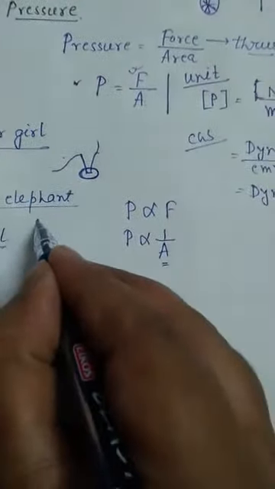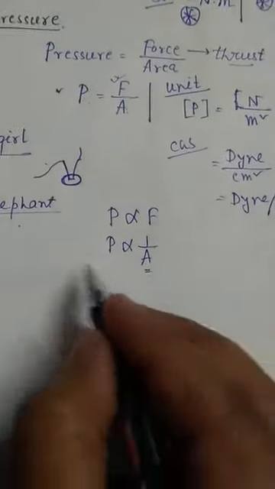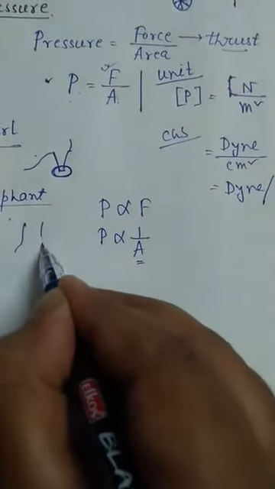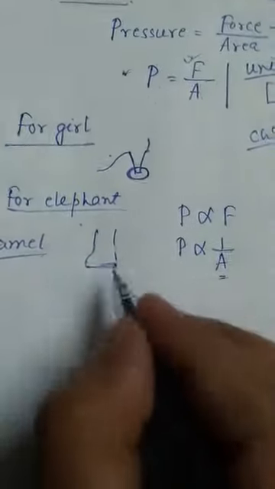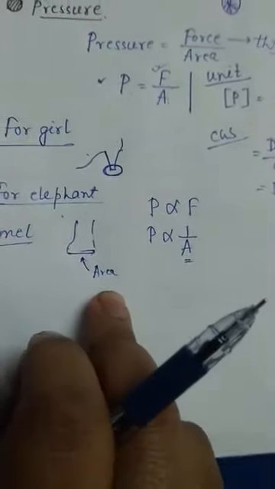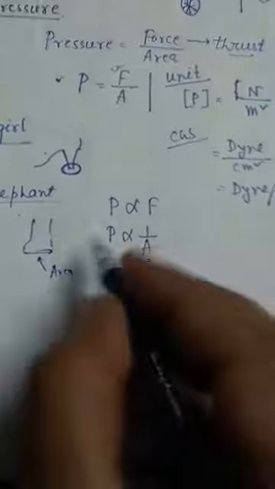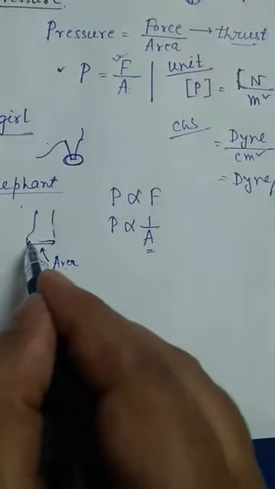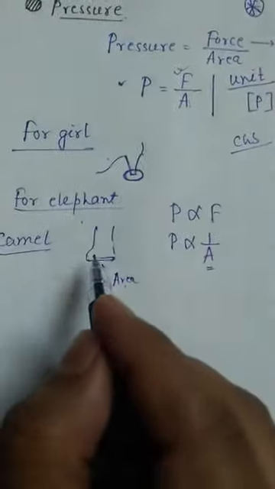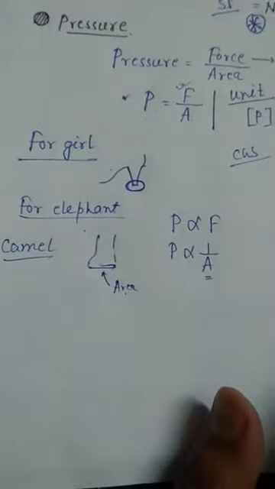Similarly, in case of the leg of an elephant, the value of area is a little bit high, so that is why the pressure given by the leg of the elephant is of smaller value.